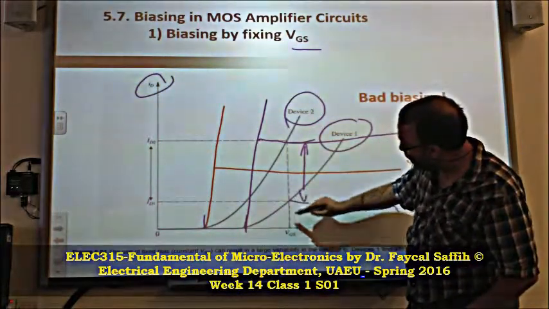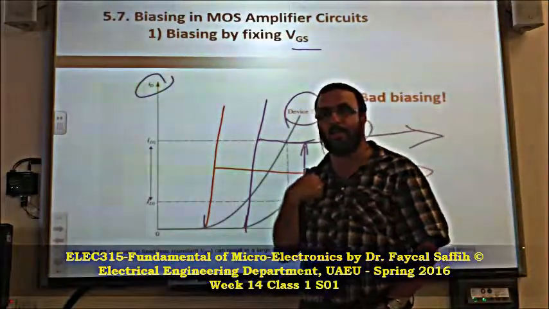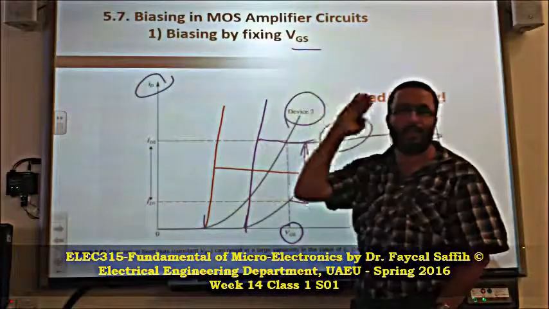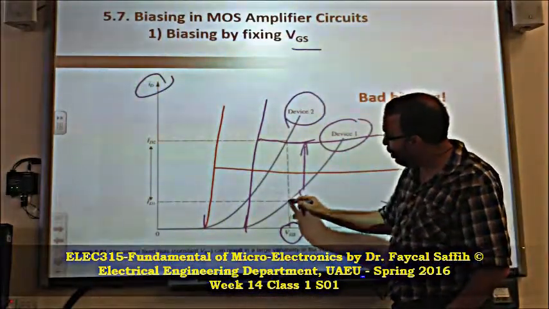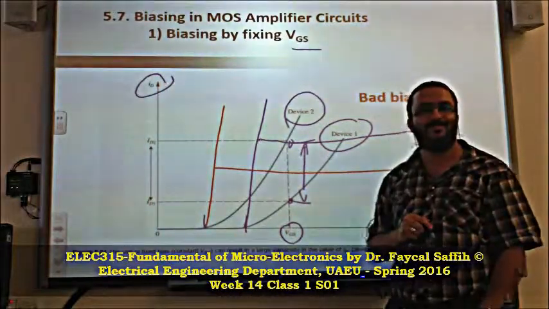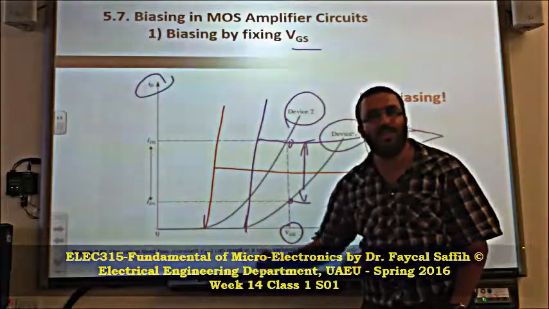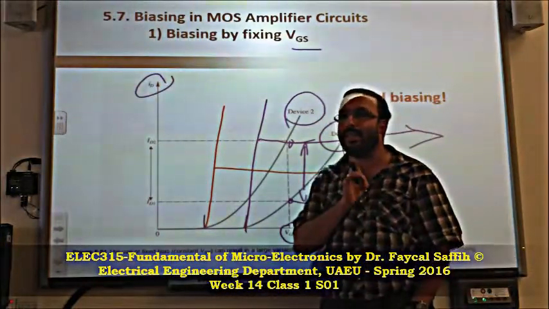The current here, if I have a VGS, let's say this is the VGS of my circuit, I set it with the battery, yes or no? So this is my VGS, I fix it. And that's the technique, fixing VGS. Now, although I fix VGS, I can have two different currents, because each device has its own threshold voltage. Do you understand? Each has its own characteristics.